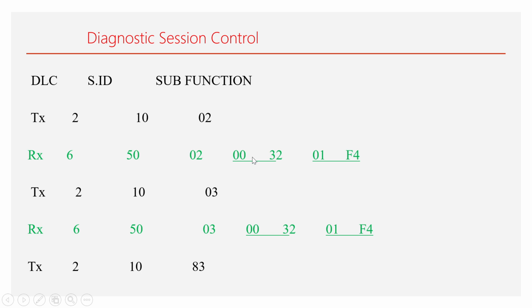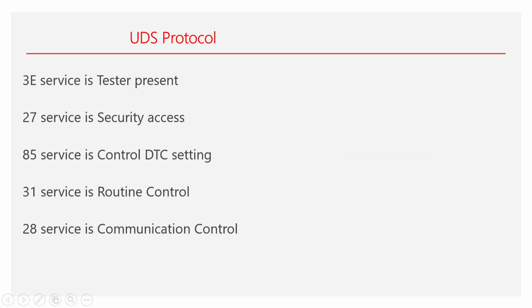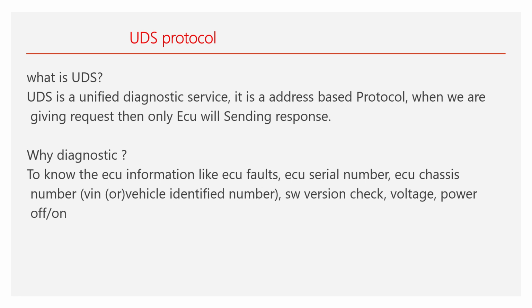Then I transmit another request with 03, and I will get the receiver message 50 03. This is the positive response. This is today's session. I will explain the remaining subfunctions with examples also.